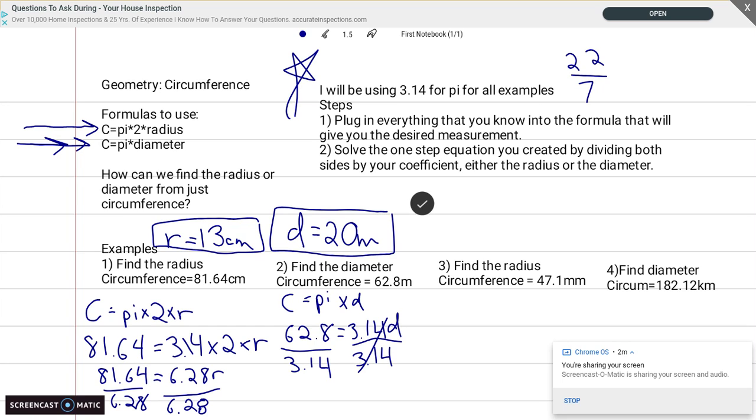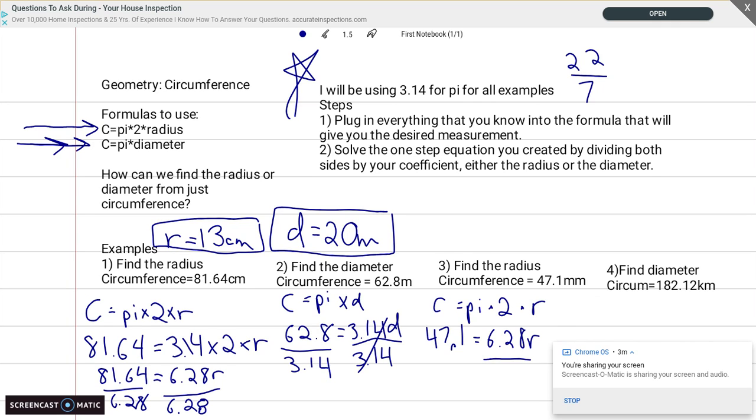Let's look at number 3. So I need to find a radius. So since I'm looking for a radius, I'm going to use the first formula. So C equals pi times 2 times r. Plug in everything you know. 47.1 equals pi times 2, so 3.14 times 2. I am condensing the steps just to save some time. 6.28 times r.